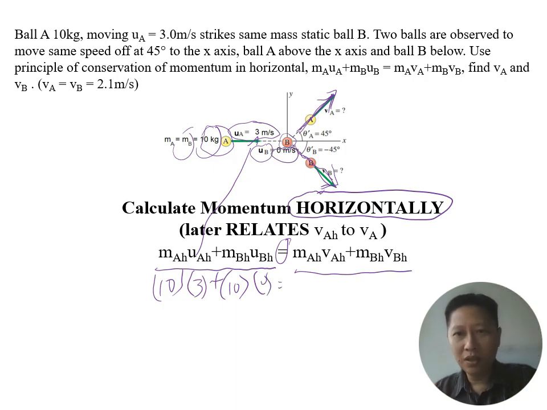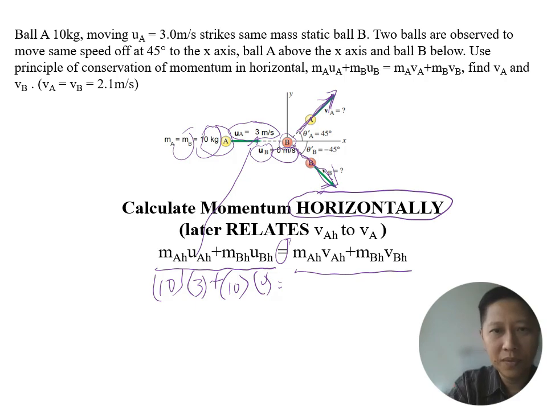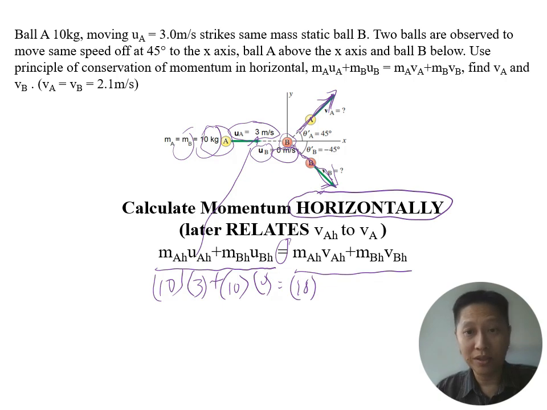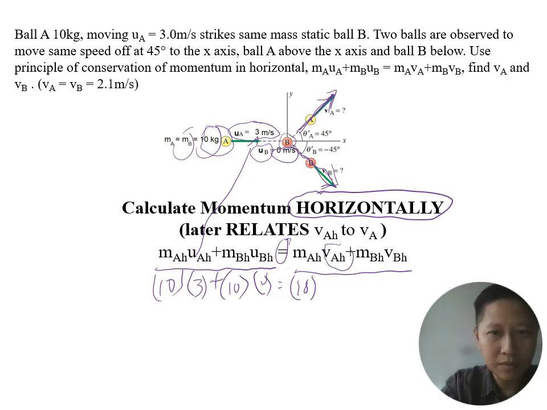We go to the right-hand side expression. The weight of ball A is still 10, even though we consider it horizontally, same ball. Now we want to find the velocity of ball A horizontally.